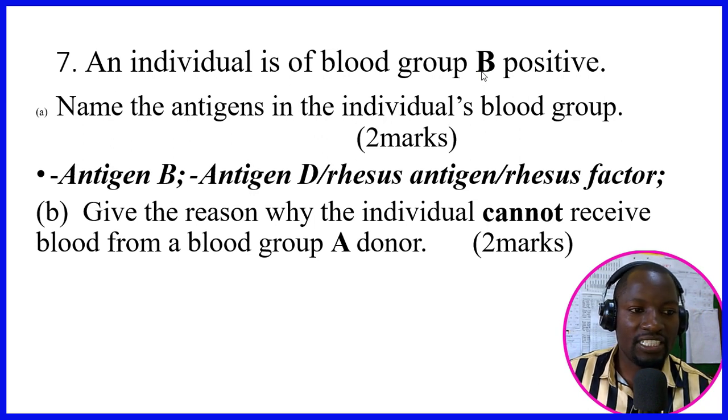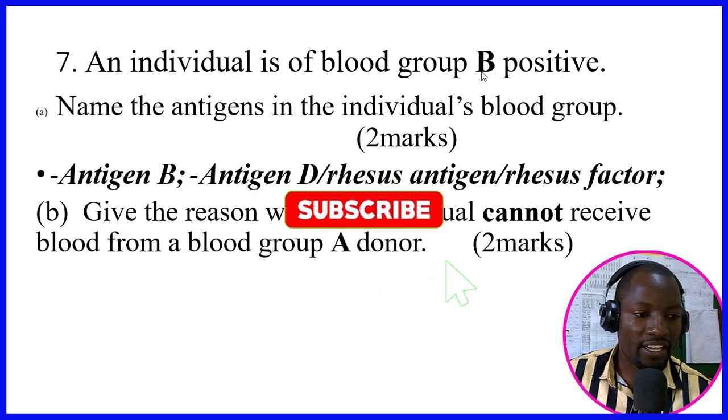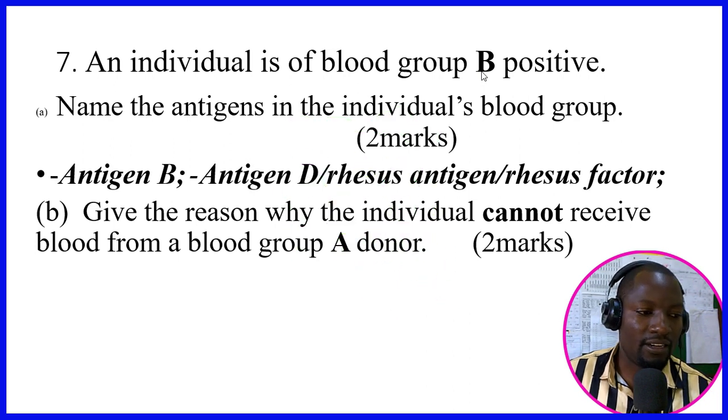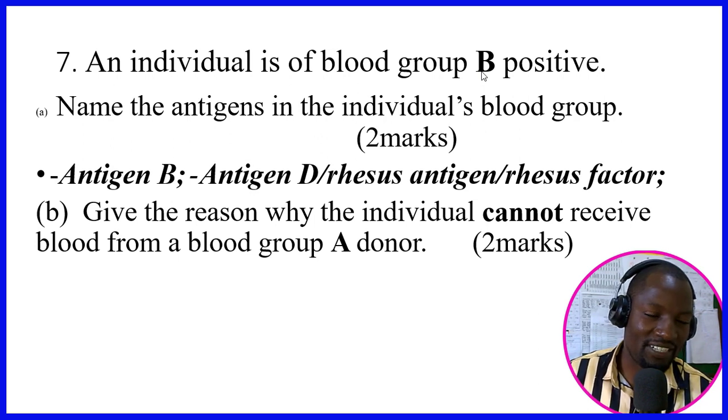Now, the antibody A, which is found in the blood plasma of this individual who has blood group B, will definitely cause a reaction with the antigen A that is present in the donor's blood, because the donor has blood group A. The recipient has antigen B, and therefore has antibody A in the blood plasma.